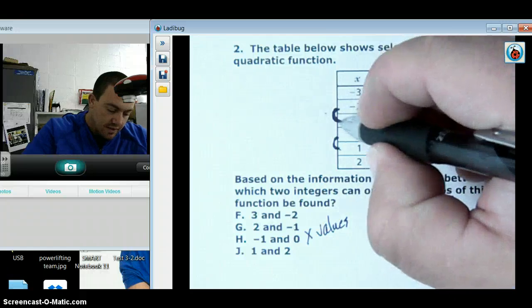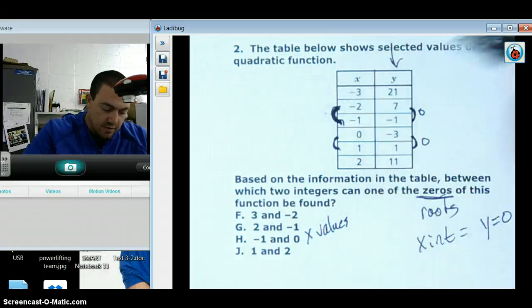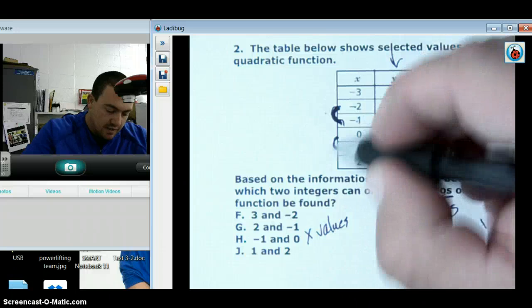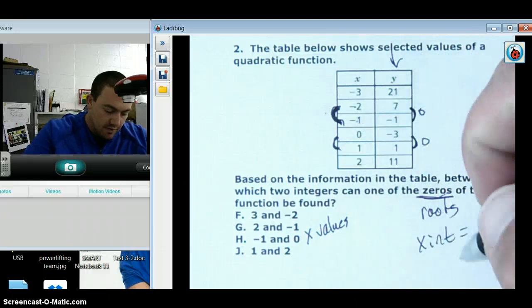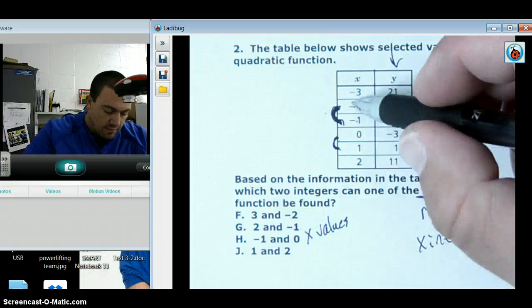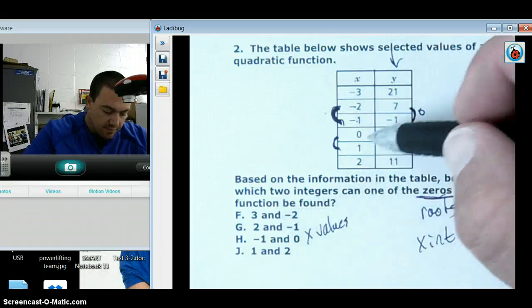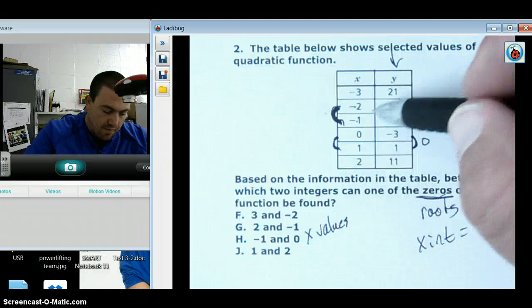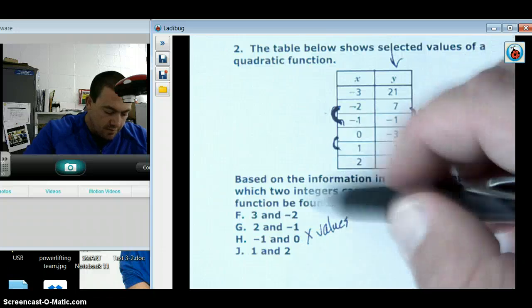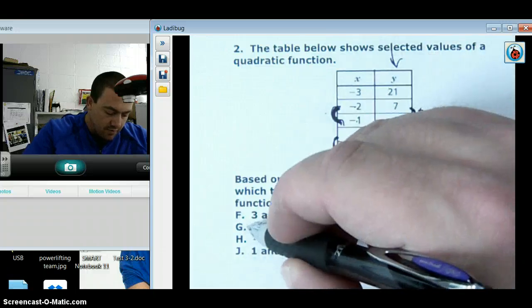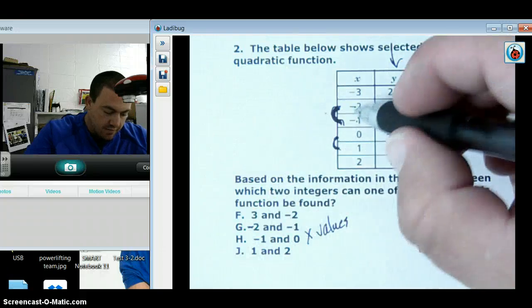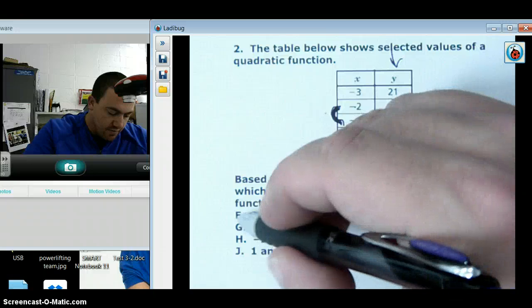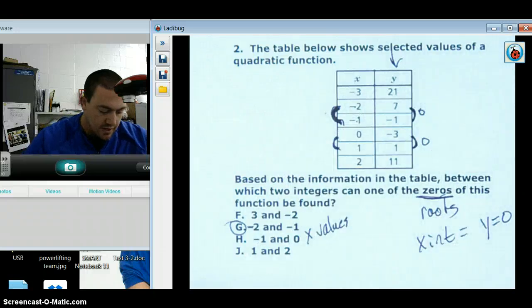So I'm going to find the x value in between negative 2 and negative 1 and 0 and 1. I think this one should be a negative 2. Because in between negative 2 and negative 1 there is a 0. So that's going to be my answer choice.